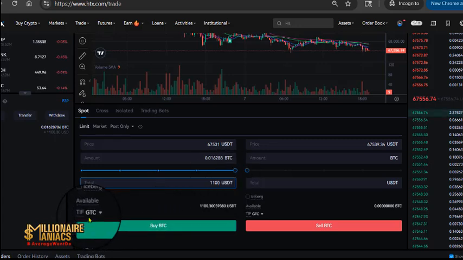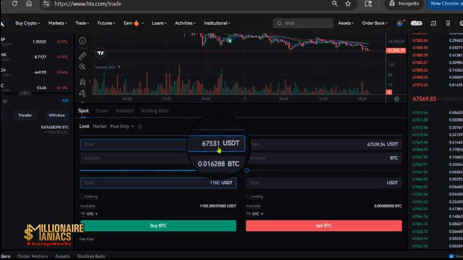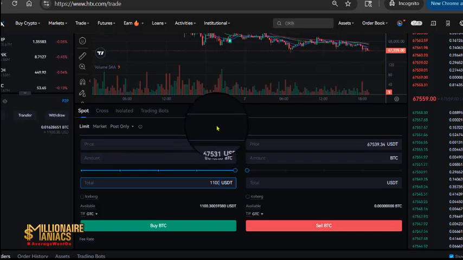Now, if you see down here, it's automatically defaulted to GTC, which is what you want it on, which is good till cancel. Okay, so this order could sit here for 5 minutes, or it could sit for a day. It just depends on the amount and how the market's moving and everything like that, as far as HTX is concerned, because this is the exchange that I'm purchasing on.